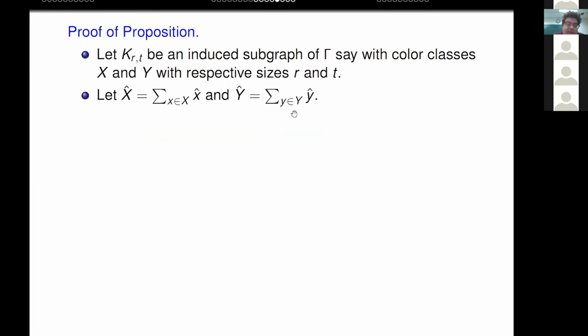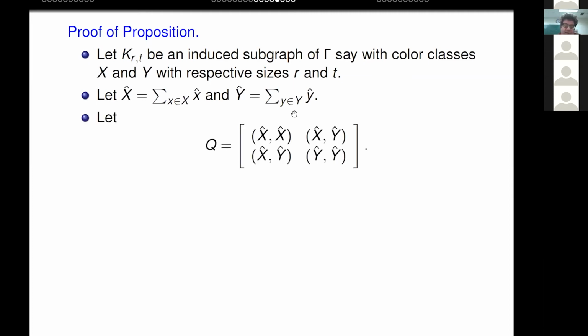So now we prove the proposition. We have an induced subgraph K_{R,T} with color classes X and Y with respective sizes R and T. Now we look at capital X hat, which is just the sum over x in X of x hat, and similarly we define capital Y hat. Now we look at the Gram matrix Q with inner products X hat X hat, X hat Y hat, X hat Y hat, and Y hat Y hat.